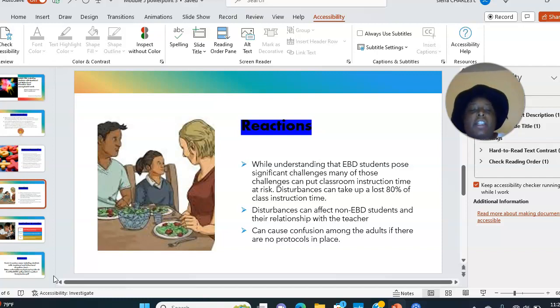So as a volunteer in the classroom, I have seen incidents where we have a particular student in the classroom that definitely has behavioral issues, and everyone around him or her is walking on eggshells. They don't want to get in trouble because they don't want to trigger that student. But, you know, it is their classroom. They're curious. They want to learn. They want to touch. They want to see.